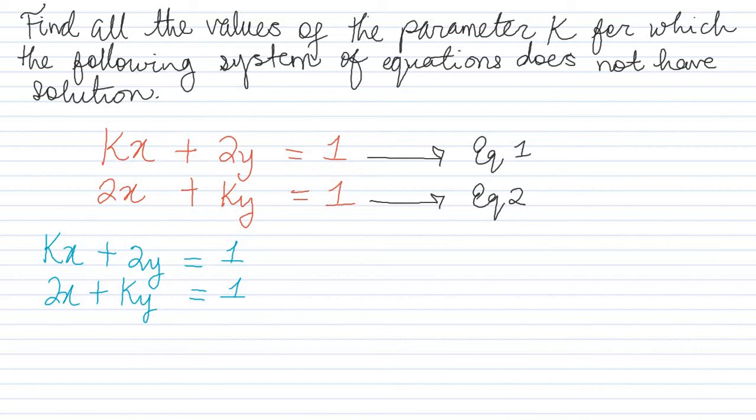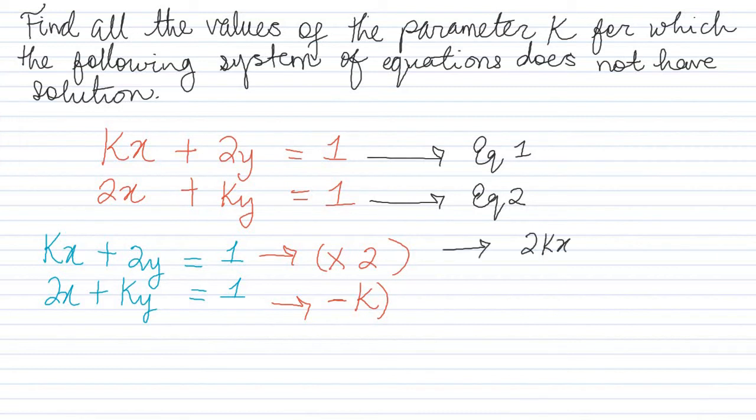My goal in this case is to eliminate the variable x. So what I can do here is multiply this top equation by 2 and multiply the bottom equation by negative k.